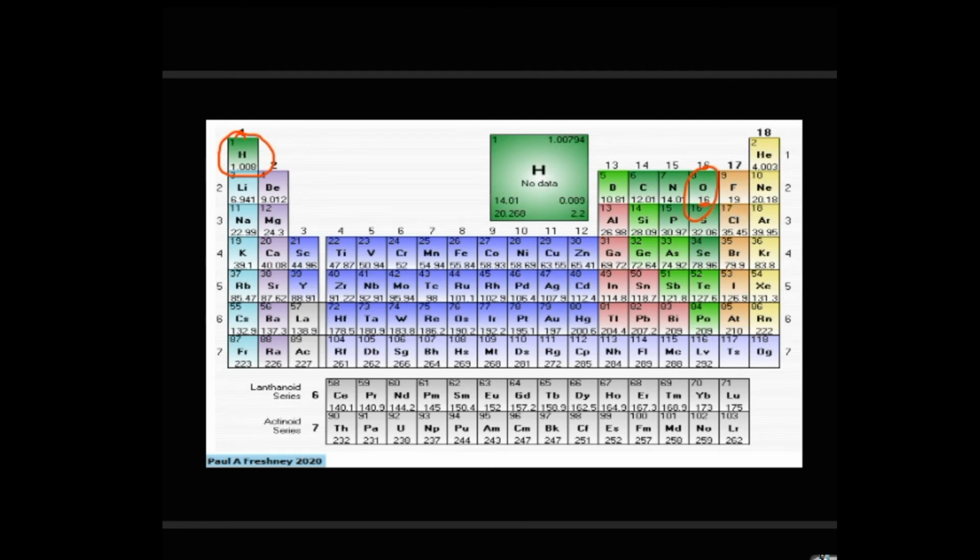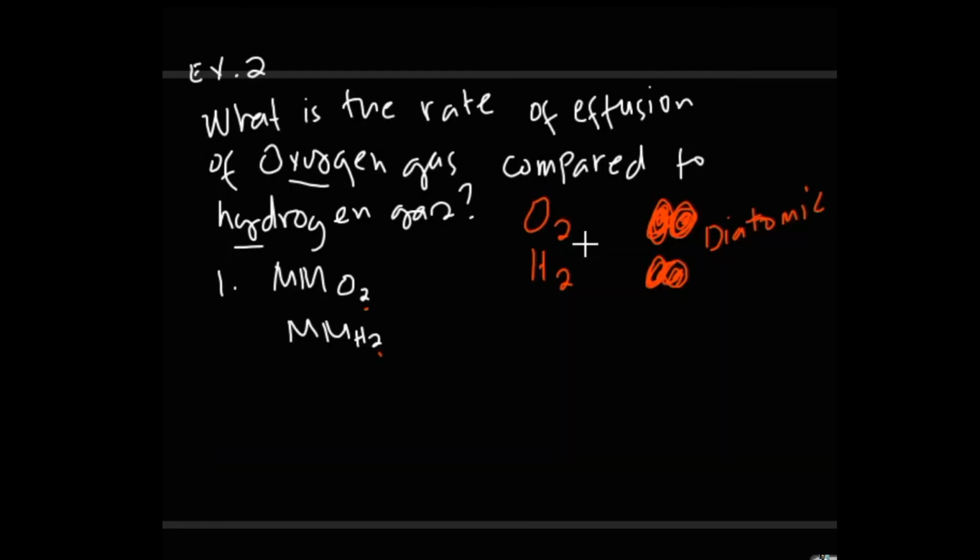Now, if you identify the molar mass of oxygen as 16, it will be wrong because there are two oxygen atoms that represent the oxygen gas given here. Same goes with the hydrogen gas because they are diatomic. So, what can we do?